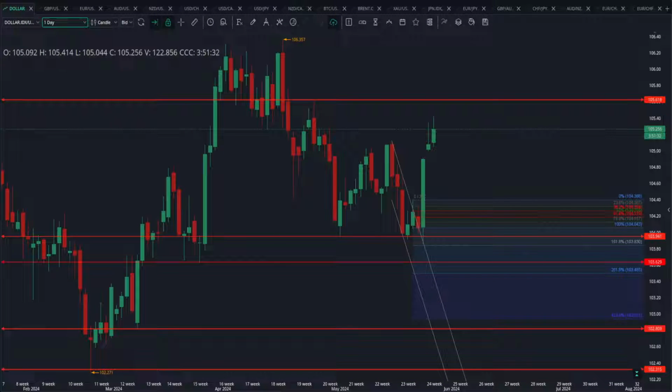Anybody remembers what did we talk about yesterday? That the price may continue something like this, or what did we say based on the market structure? Boom. Anyways, whatever it is now, 105.256 is where the price is trading right now.